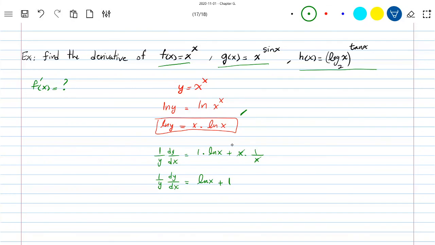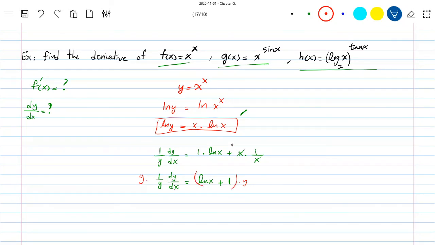So what are we looking for? Again, y is what we called the function, and we're looking for dy over dx. That's the question, so solve for dy over dx. I can multiply both sides by y, and use parentheses.